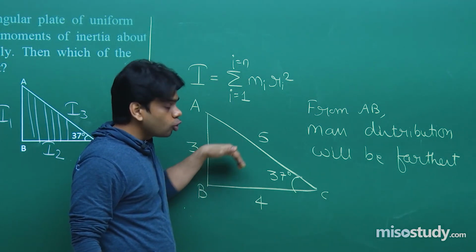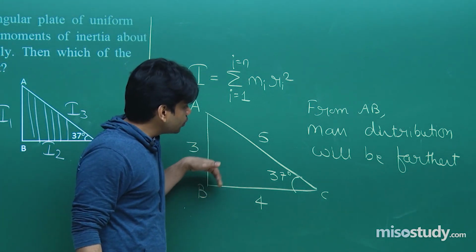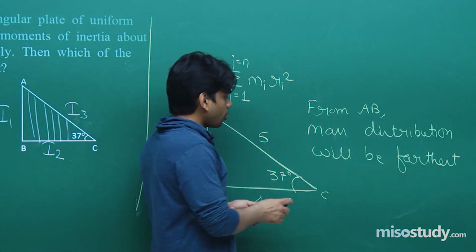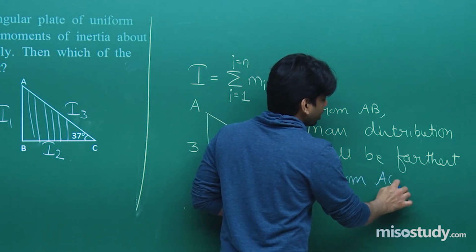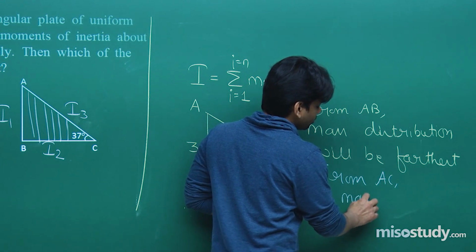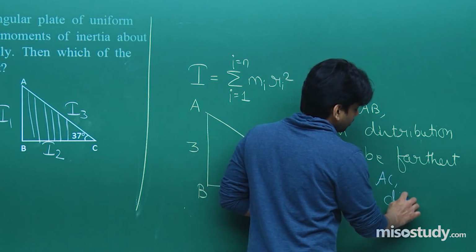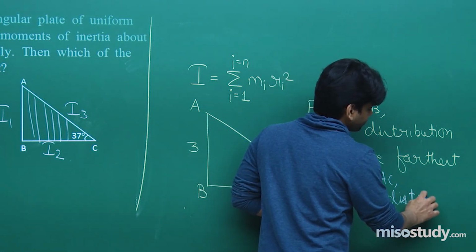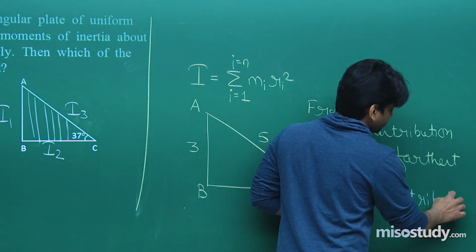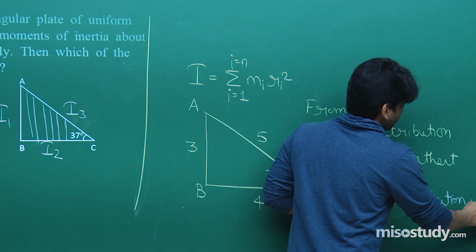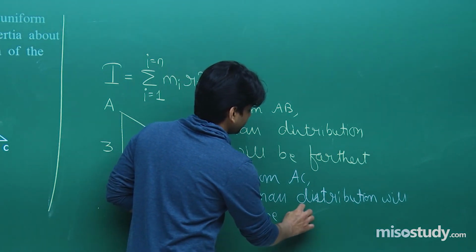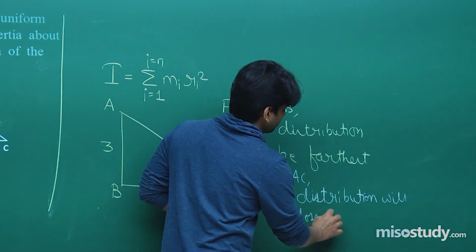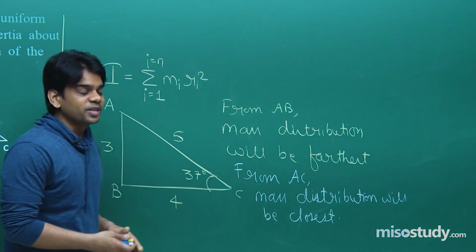Mass distribution will be closest to this axis AC. So from AC, mass distribution will be closest. This is what we can make out by just visualizing the figure, the arrangement that has been given.